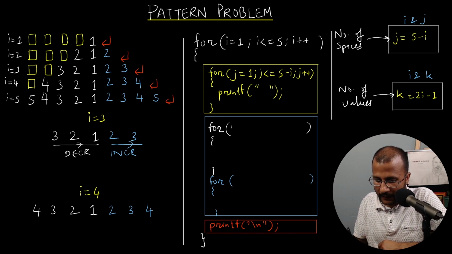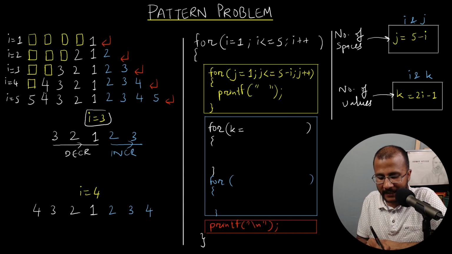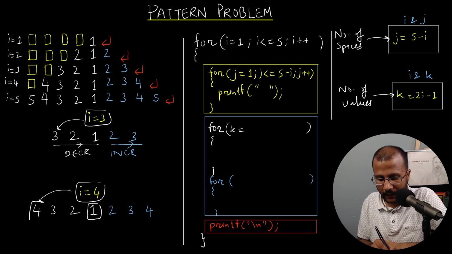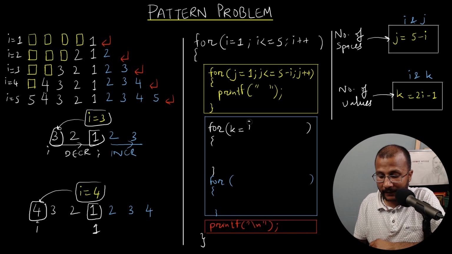Let's say this loop is k. So what is the first value of k? If I is 3, I'm starting from 3. Very simple. If I is 4, I'm starting from 4, and I'm going up to 1. Starting from I, and going up to 1. So I'm starting from I, and then k should be greater than or equal to 1.